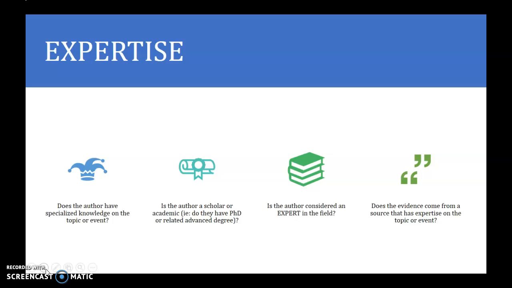What is this person an expert in? Are they an expert in the field you're talking about? A good thing to look for is, do they have a PhD or an advanced degree? If it's somebody who's writing about the law, do they have a JD? Are they a lawyer? Are they a judge? Think about, do other people consider them to be experts in the field? And then also looking at the evidence. Does this all come from a source that has expertise?